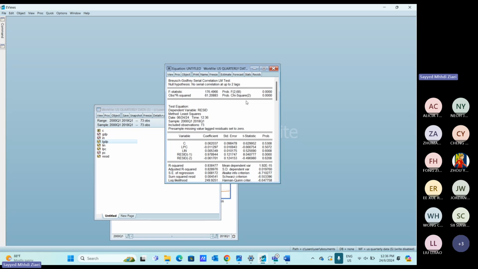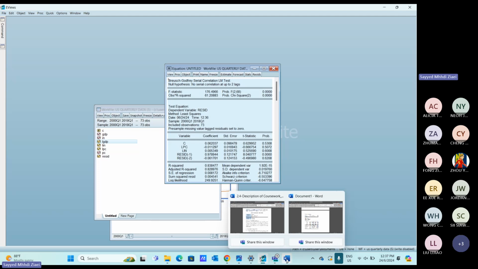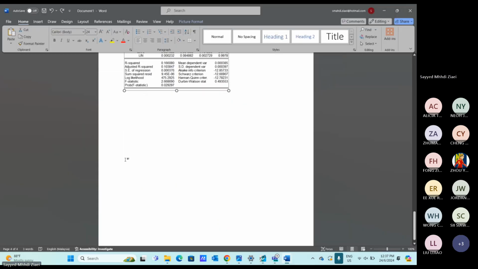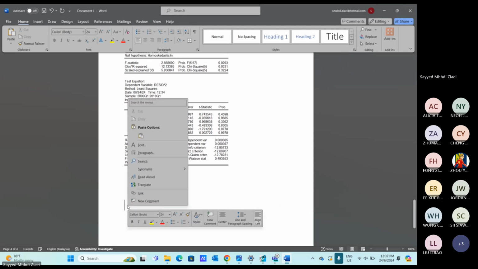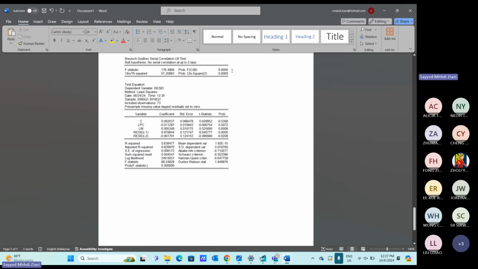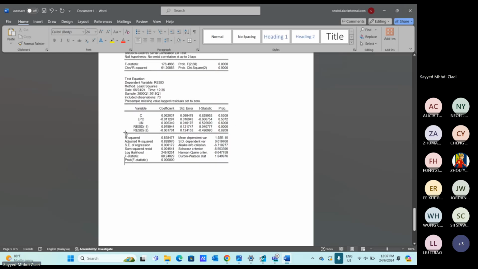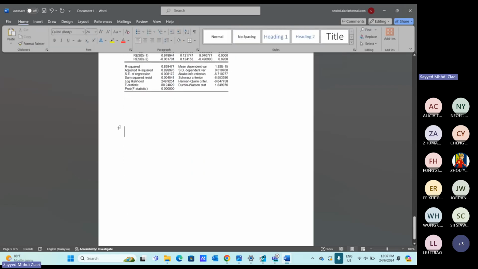So again, let me copy this one and paste it here. So we still have the problem of autocorrelation. So what should we do? We need to use the first difference solution.